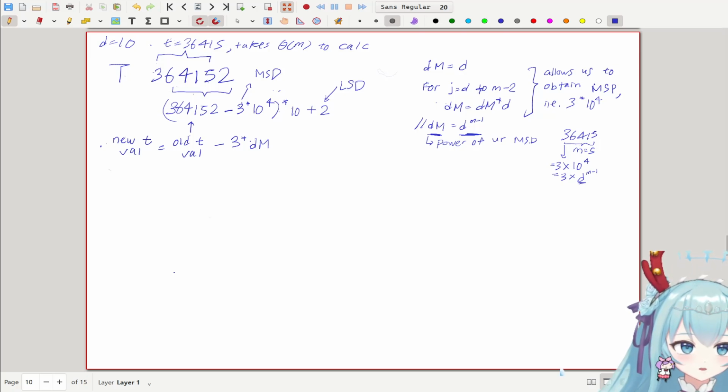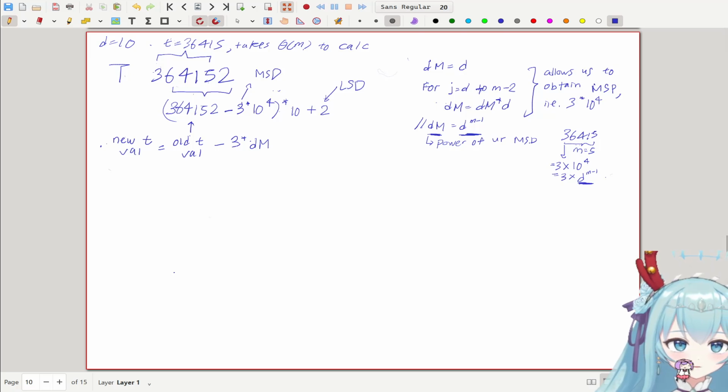So we need to calculate m minus 1 via the algorithm that we have over here.